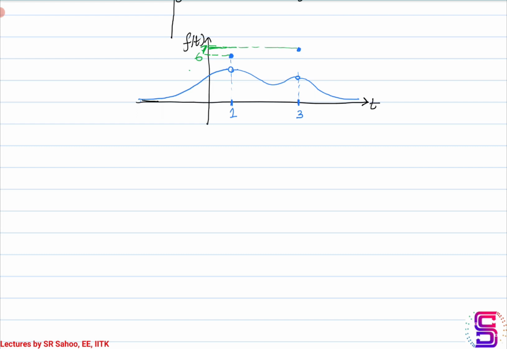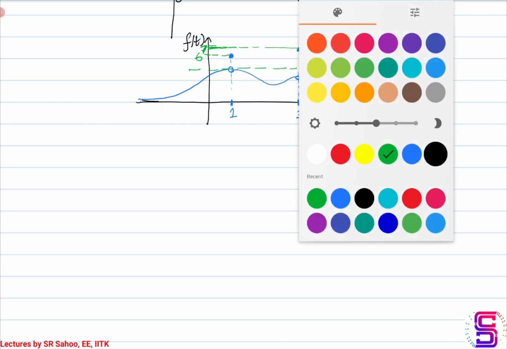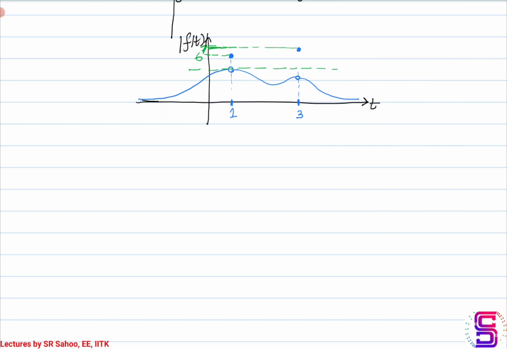And here if I draw a line other than the jumps, so let's say that this is the norm of f(t) that I have plotted. Okay, and if I draw a line other than those jumps, I see that the values of norm of f(t) do not cross 5.